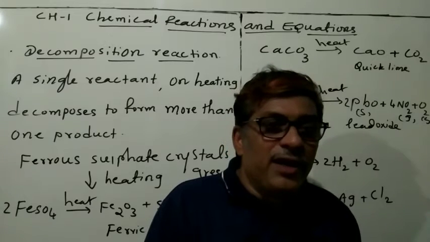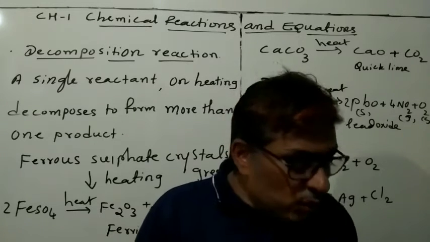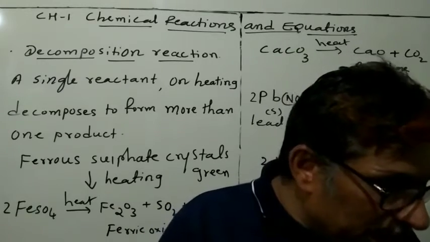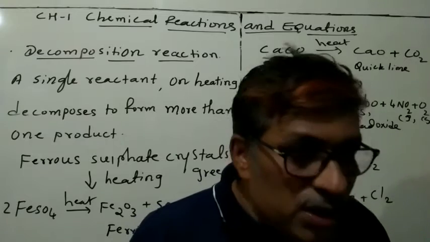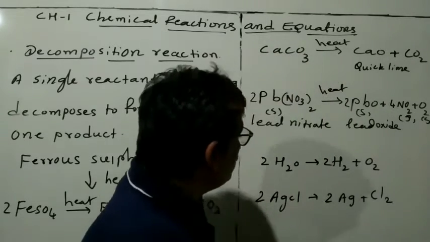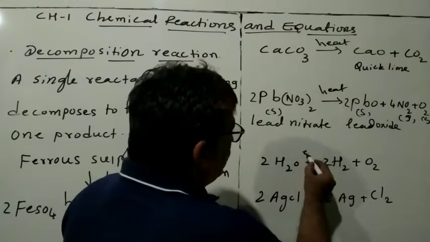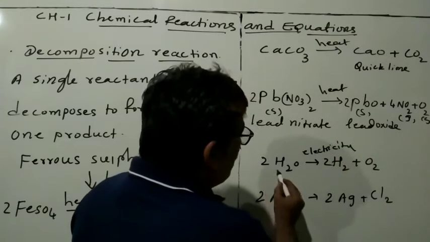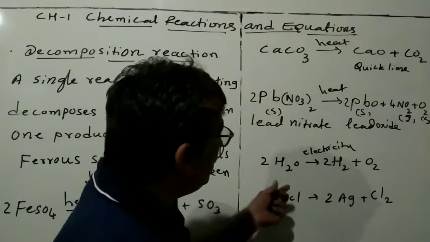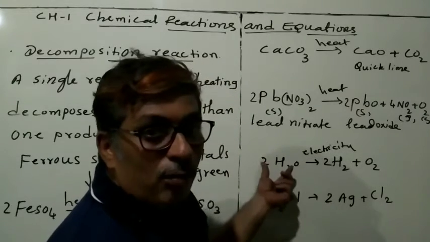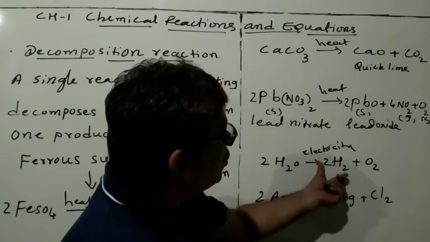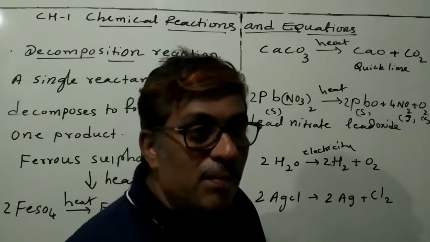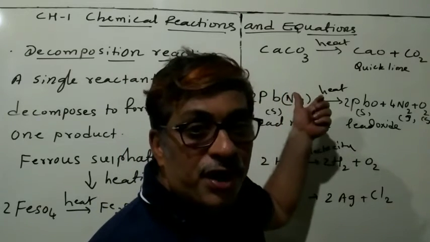Add hydrochloric acid to the acidified water, and pass the electric current through it. Then by using the electric current, you are breaking the water molecules, and it decomposes to form hydrogen gas and oxygen gas. This is also an example of the decomposition reaction.